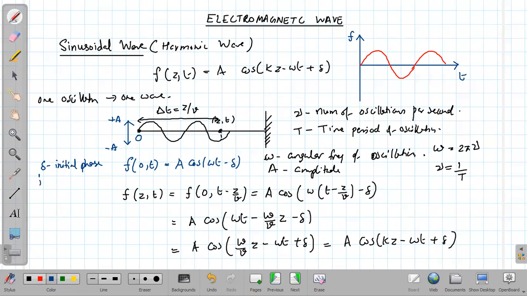Because if delta equal to 0, then at time 0, better we can write, we can just plot a table.